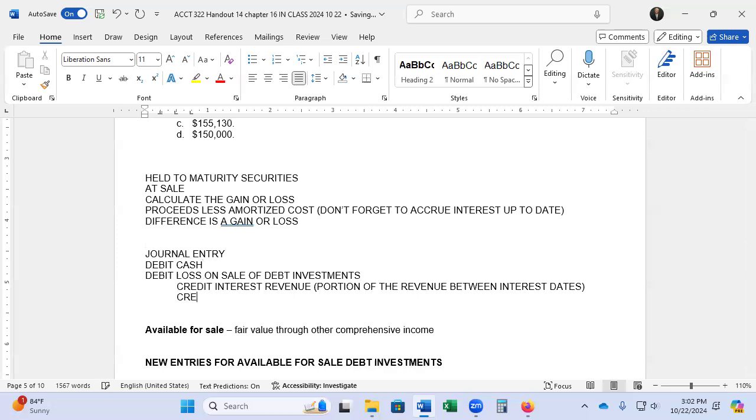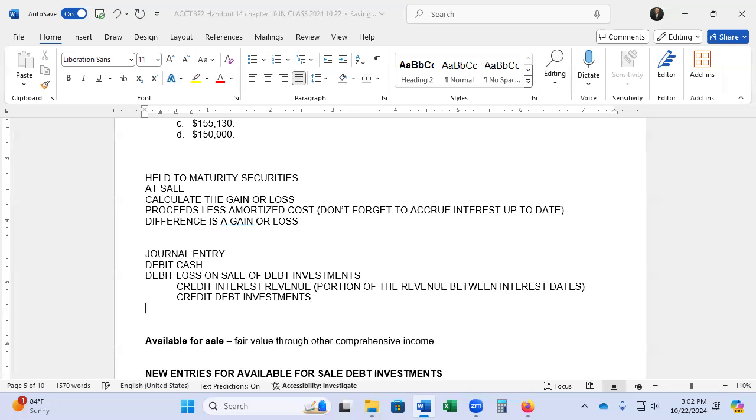And then you would credit debt investments to remove it off your books. And then if applicable, you would credit gain on sale of debt investments.